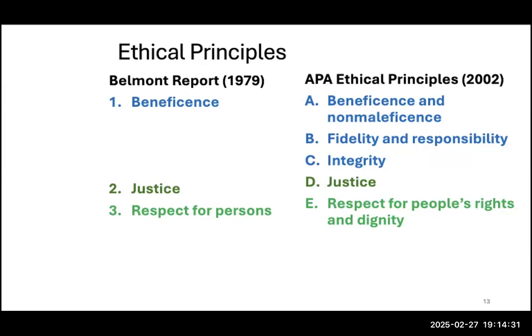You're not going to falsify the data. Justice is that the participants and the beneficiaries of the research should be from the same group. And then respect for people's rights and dignity. So that can be at multiple levels, but it also includes protecting confidentiality and patient information. Questions about the ethical principles?